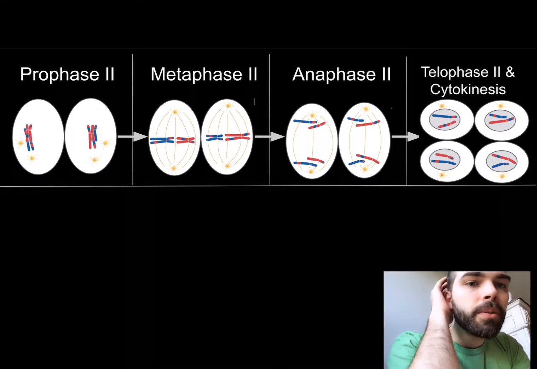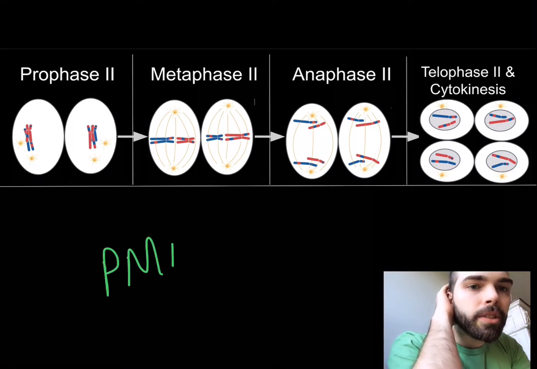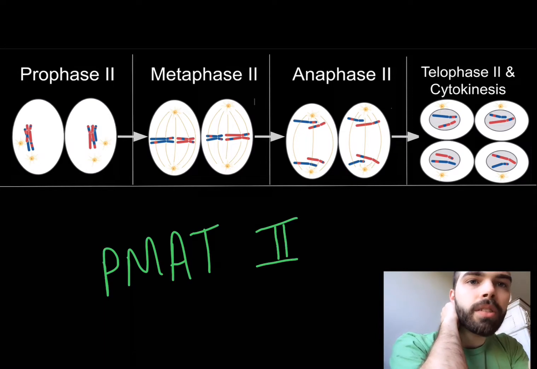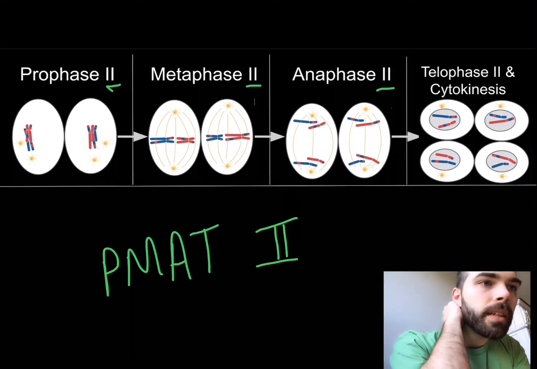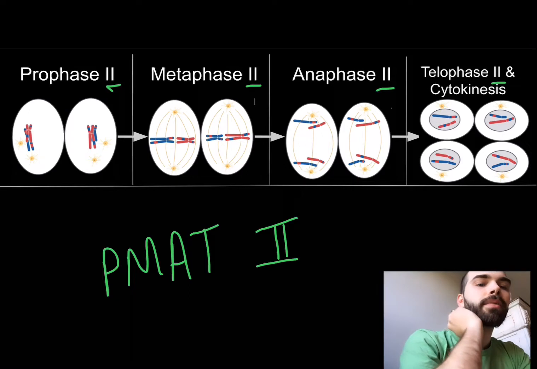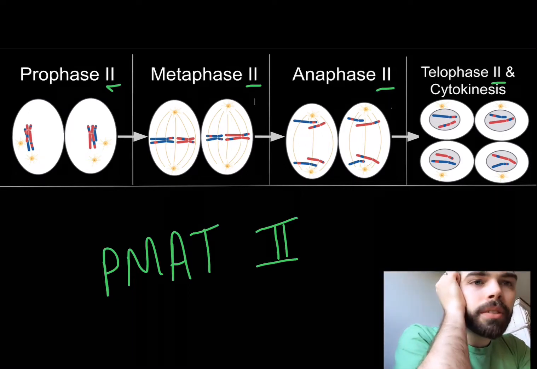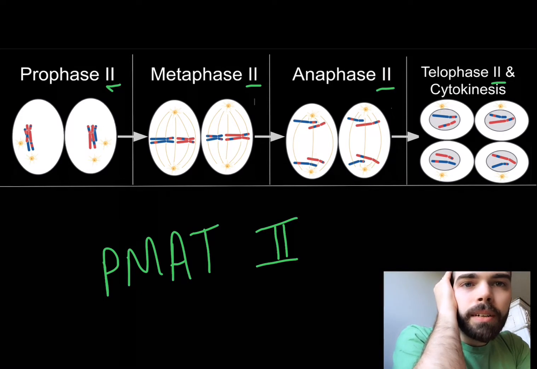So that was the first round of division. Now we're going to go through the second round of division. So this is round 2. You'll see these little 2s here just to indicate that's the second round of division. So you're going to go through the same process though.